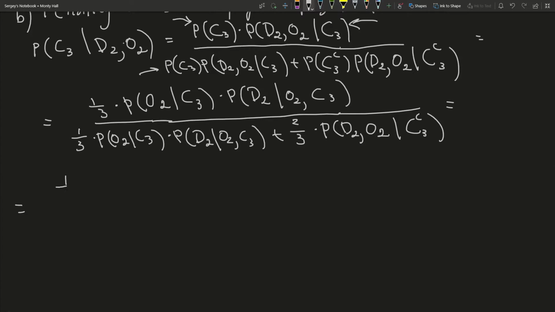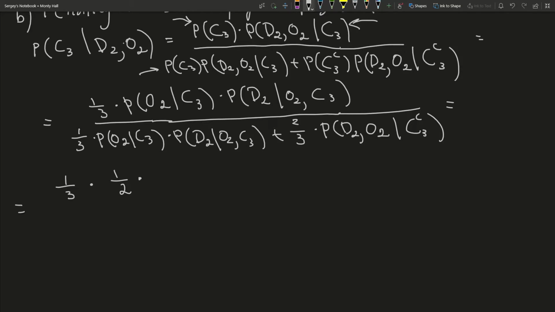Okay, so in the numerator, what do we have? We have 1/3 times, now, given that there's a car behind door 3, what's the probability of the computer being behind door 2? Well, the computer is equally likely to be behind door 1 and door 2, so that probability is 1/2 times. Now, what is the probability that Monty opens door 2, given the computer is behind door 2 and the car is behind door 3? Well, the contestant has selected the door behind which we have a goat, and Monty, with probability p, wants to open the door with the prize behind it that we like the least.